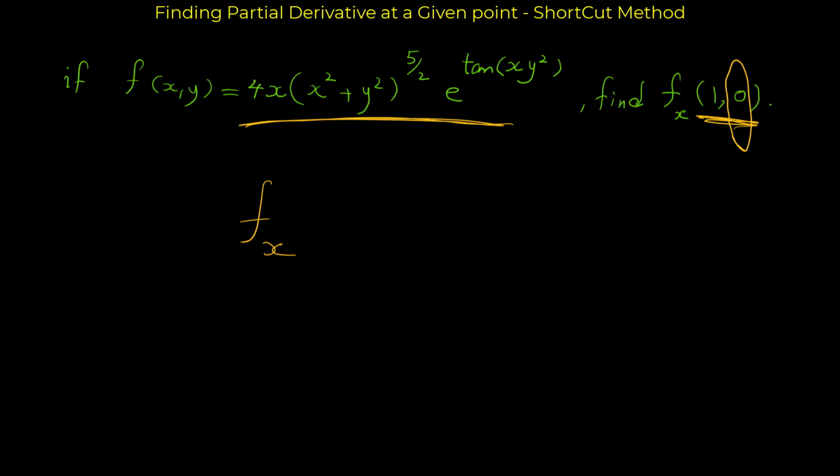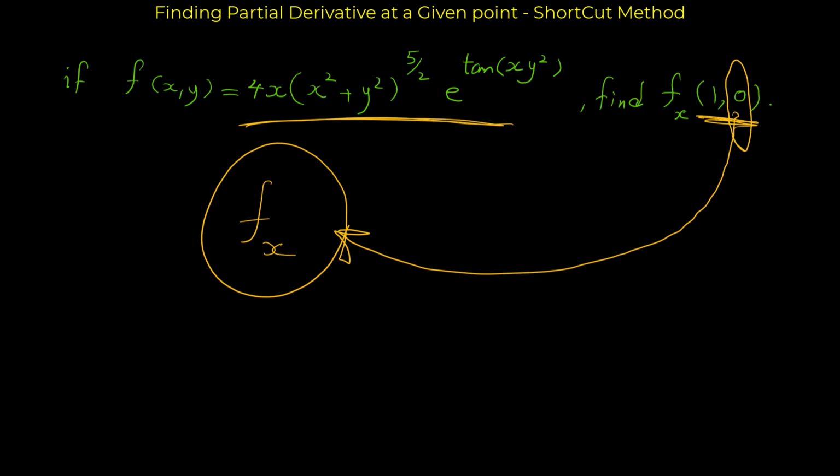So instead of using this number for y at the end after you took the derivative with respect to x, what is the better idea? Plug in this 0. Attention, you cannot plug in 1 for x because x is the variable for us for finding the partial derivative with respect to x.